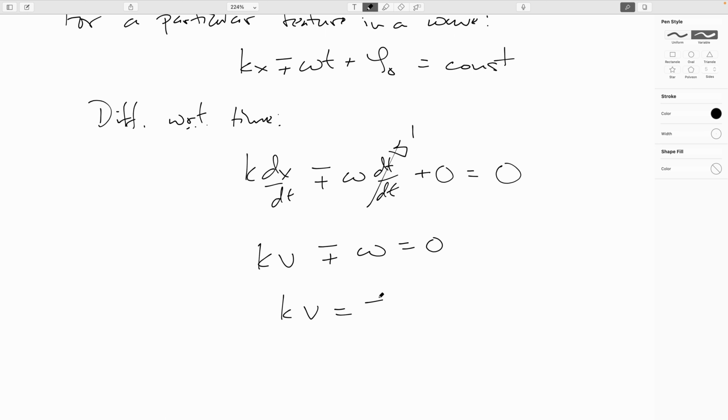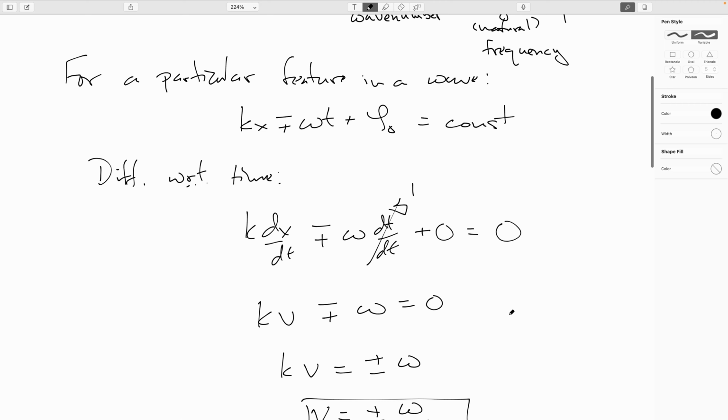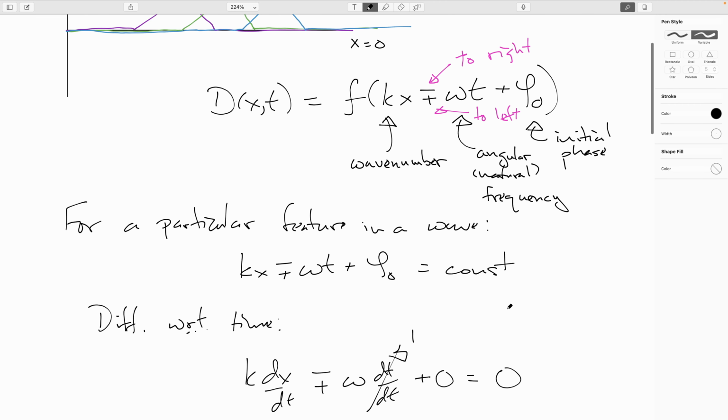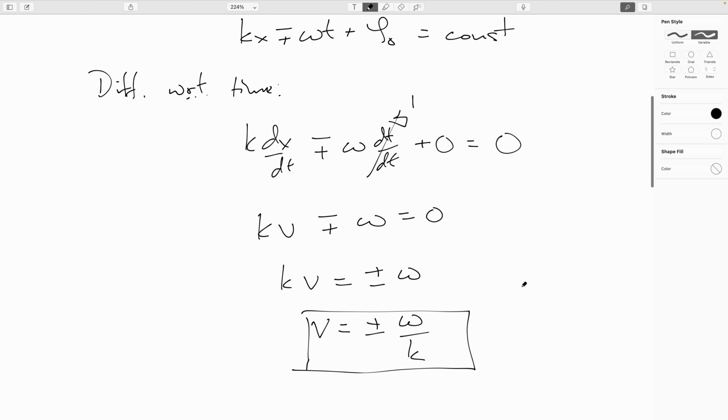So that gives me kv is plus or minus omega. So I eventually get that v is equal to plus or minus omega over k. And this is true in disgustingly general. And this is why we counterintuitively have to put the minus sign here to go to the right, the plus sign here to go to the left. It's just after you do the algebra, that's how it works out.